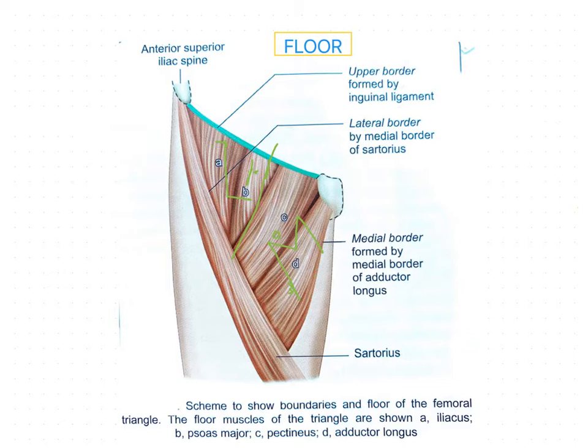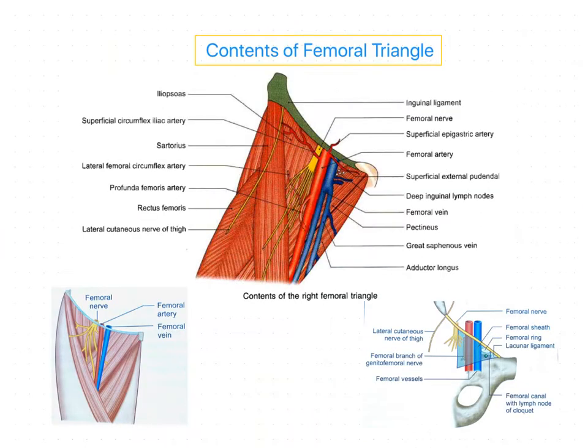Next we will move on to the contents. The femoral triangle mainly consists of femoral vein, femoral artery, and then the femoral nerve. These 3 form V-A-N, that is vein, artery and nerve.